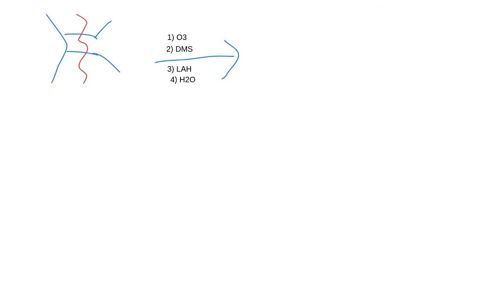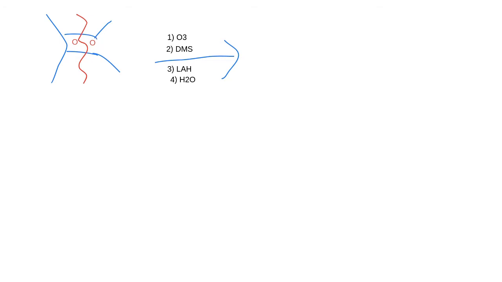And it's going to add oxygen atoms, which I'll show in red, to both of the substituents on the right-hand side and on the left-hand side of the double bond.